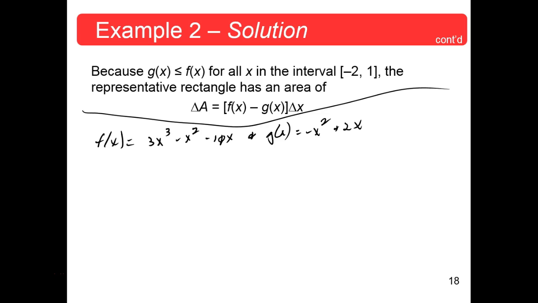How did we do it before? Set them equal to each other. So let's first do f of x, which is 3x cubed minus x squared minus 10x, make sure I copied that right, I think I did, is equal to g of x, which is minus x squared plus 2x.